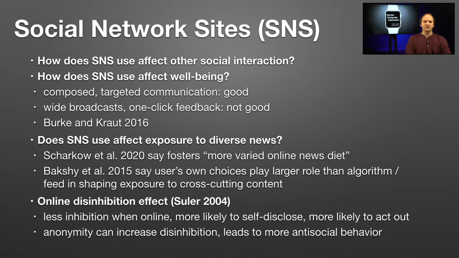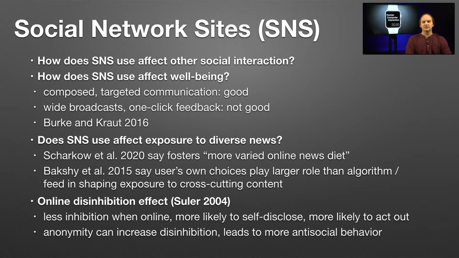But there's also the finding that the user's own choices tend to play a larger role than any recommendation algorithm or any feed algorithm, like whatever Facebook's doing to decide what to show you, in shaping what you're exposed to.